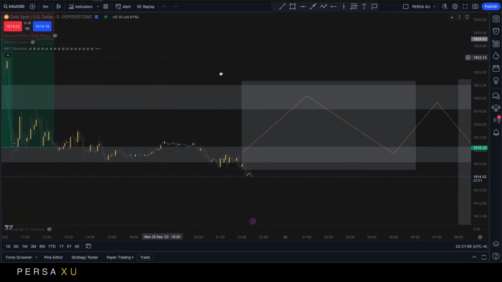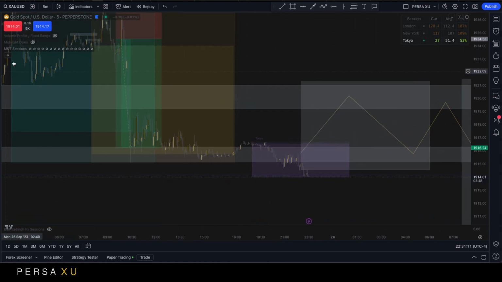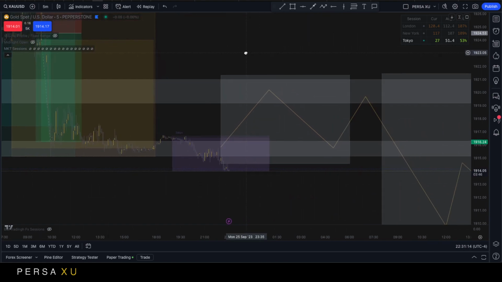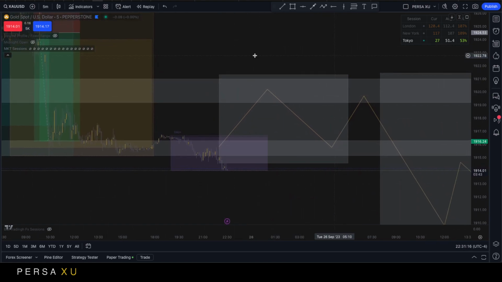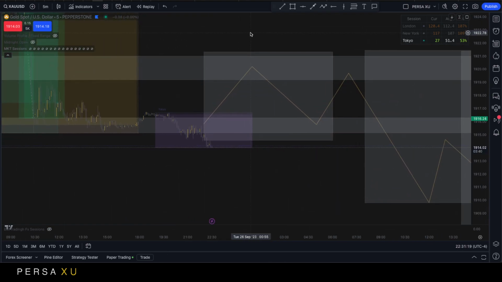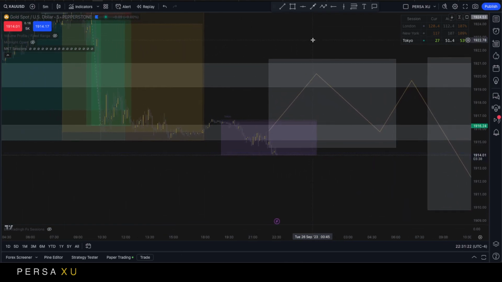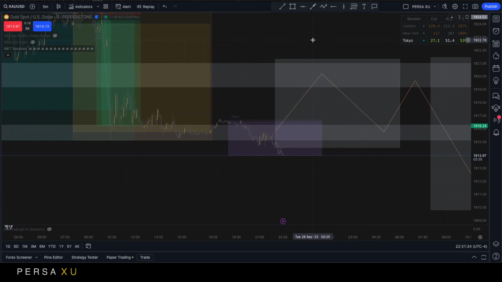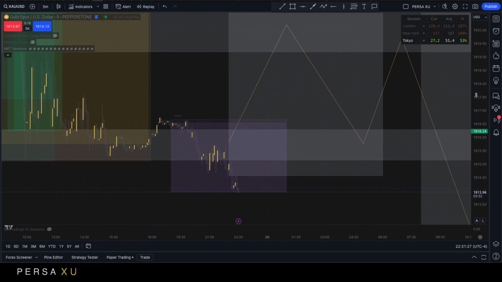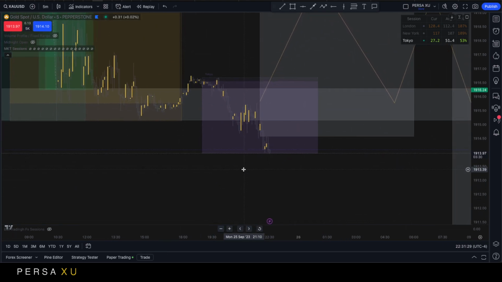Now, if you guys see here, I am trying to anticipate each session's movement. As you can see, I made these little boxes, and I like to try to predict these sort of movements and understand. Now, Tokyo is active. It opened here. It barely retested anything higher than 1916.70s, and it's just been breaking the support areas.